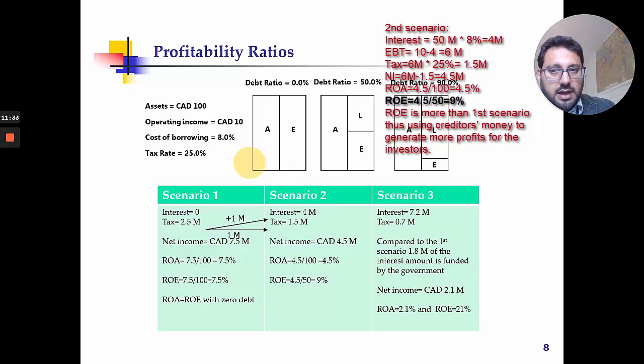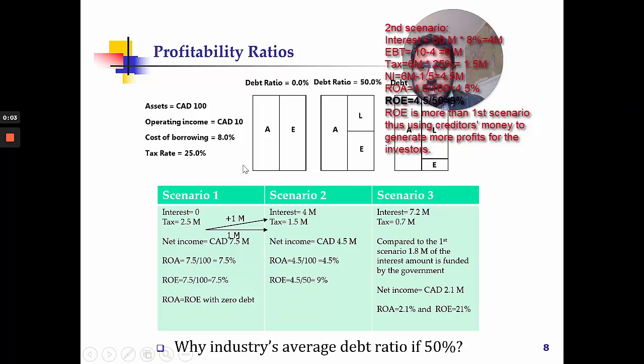So 8% of 50 million gives 4 million in interest. We subtract it from the EBIT, come to the EBT, and then we pay 25% tax on that EBT. In the second scenario, interest is 4 million, as I just mentioned, and tax is 1.5 million. So 1 million of tax has been reduced from the first scenario.